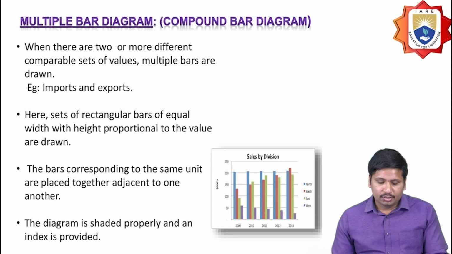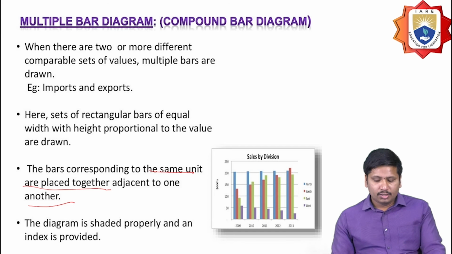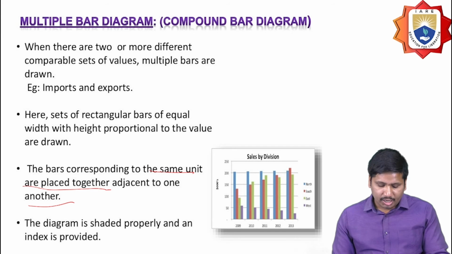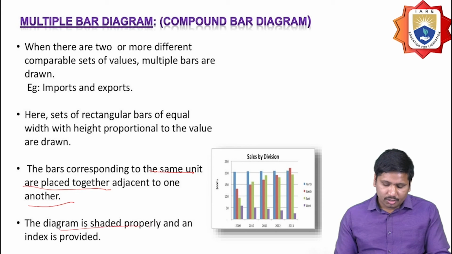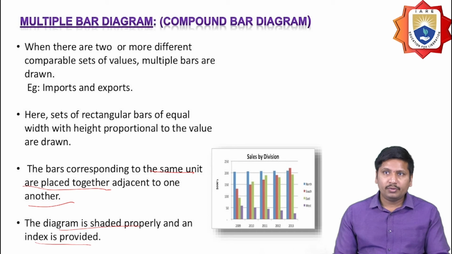A set of rectangles of equal width, with equal height proportional to the value, are drawn, and the bars corresponding to the same unit are placed together, adjacent to one another. The diagram is shaded properly and an index is provided.